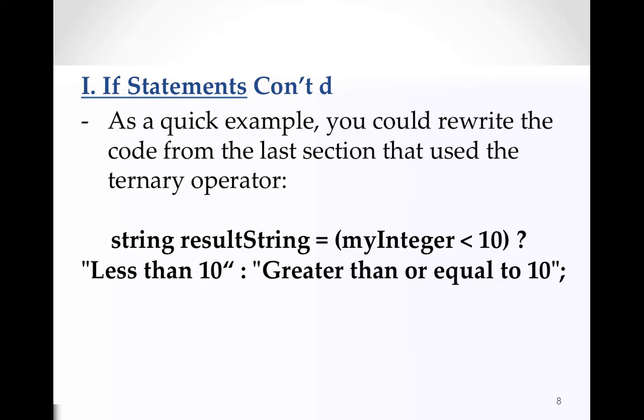As a quick example, you could rewrite the code from the last section that used the ternary operator. String variable resultString, condition: myInteger smaller than 10 will show the result less than 10, else greater than or equal to 10.